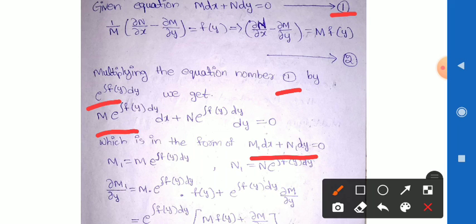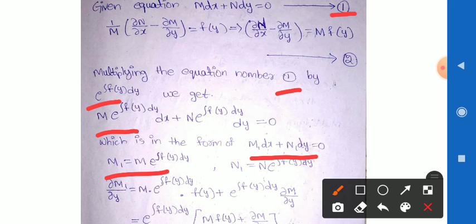Here m1 value is m into exponential integration f of y dy, and n1 value is n into exponential integration f of y dy.